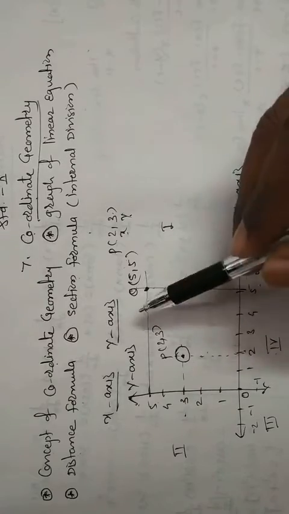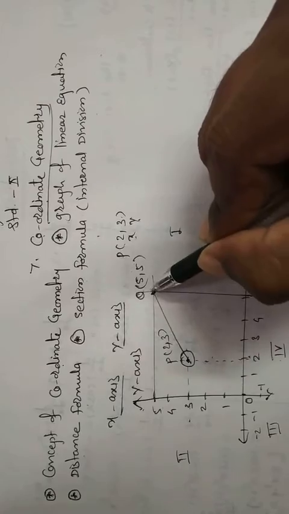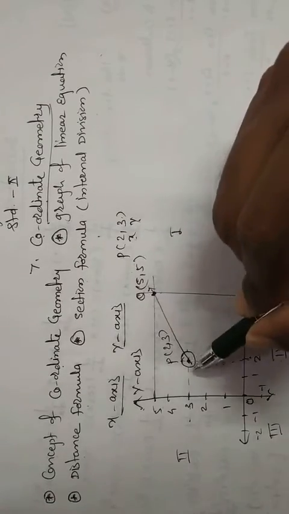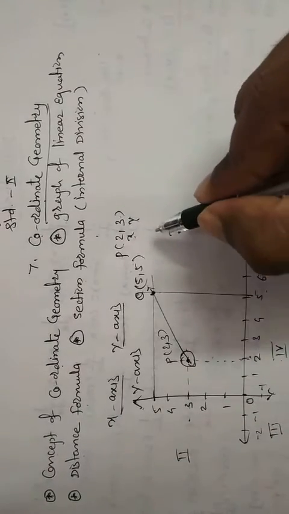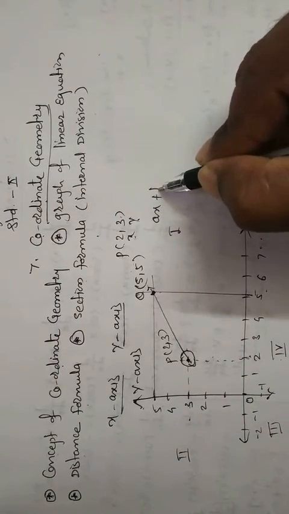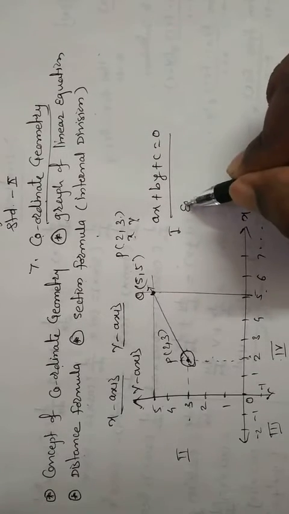Now we must know about PQ when we join PQ. So this is a line, and this line has the equation AX plus BY plus C equals 0. This is a linear equation.